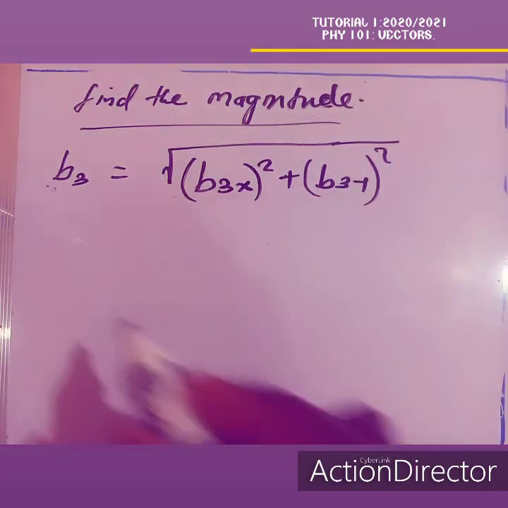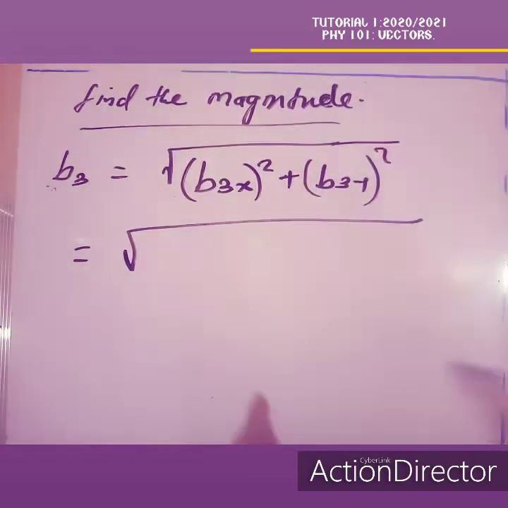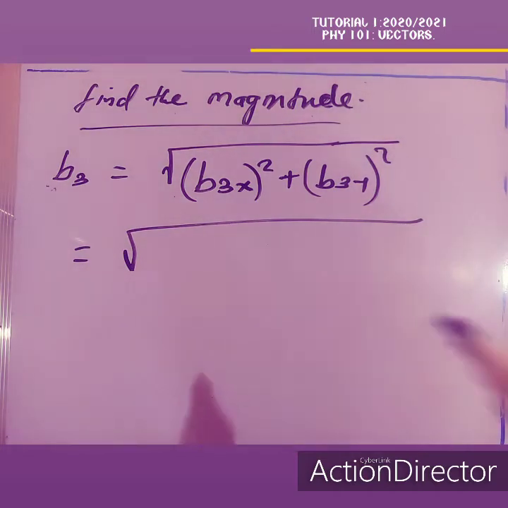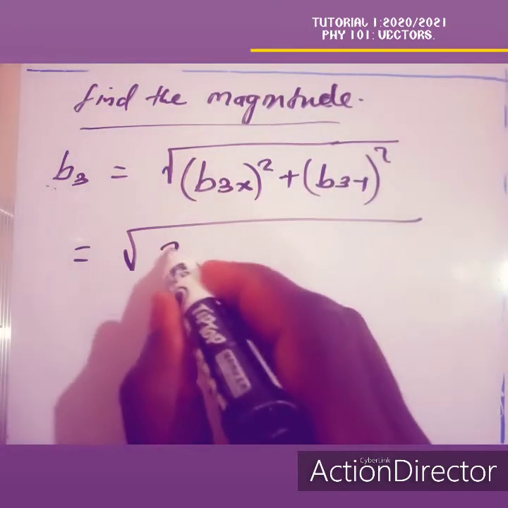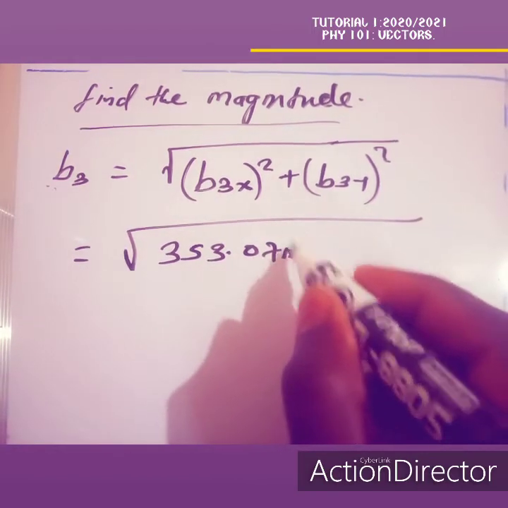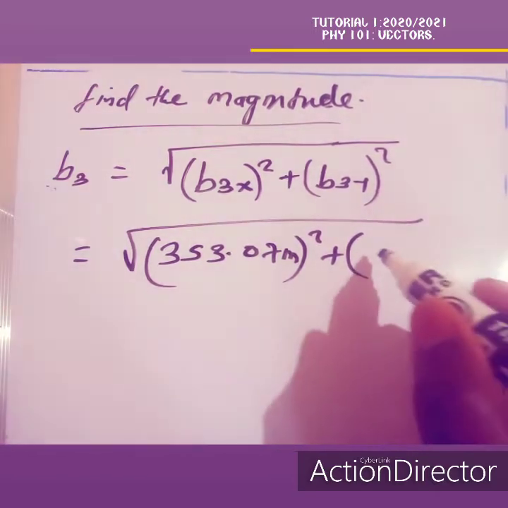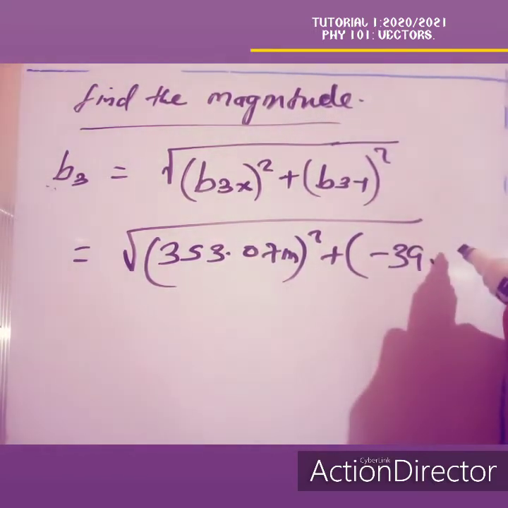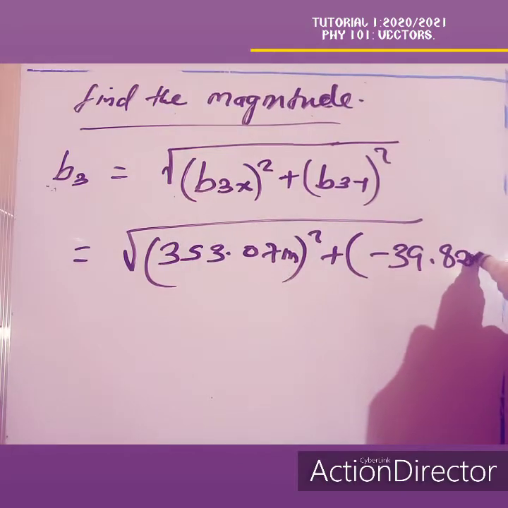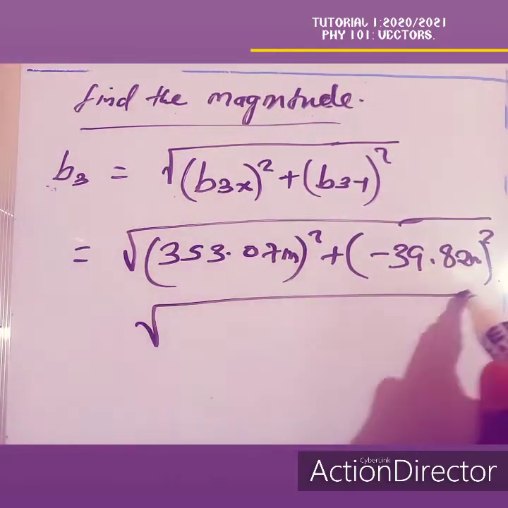Remember, our B3x was 353.07 meters squared plus B3y was minus 39.82 meters, then you square it.